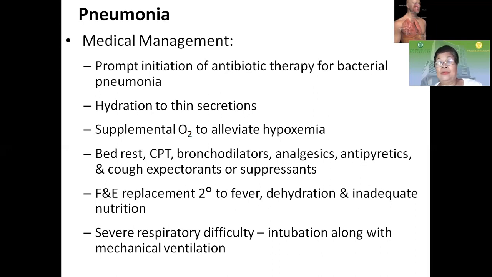Okay? And with severe respiratory difficulty, kailangan niya ng intubation along with mechanical ventilation. Kaya nga, di ba, pagka severe pneumonia, critical pneumonia, they need the endotracheal tube attached to a mechanical ventilator.